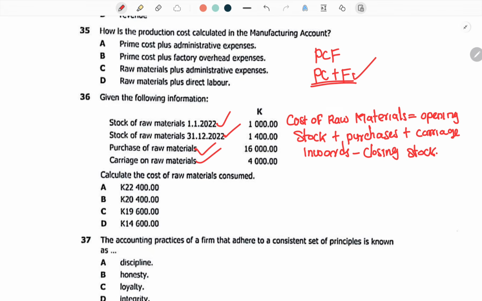So I just want you to now fill in whatever you have in this formula, and then you'll get your answer.